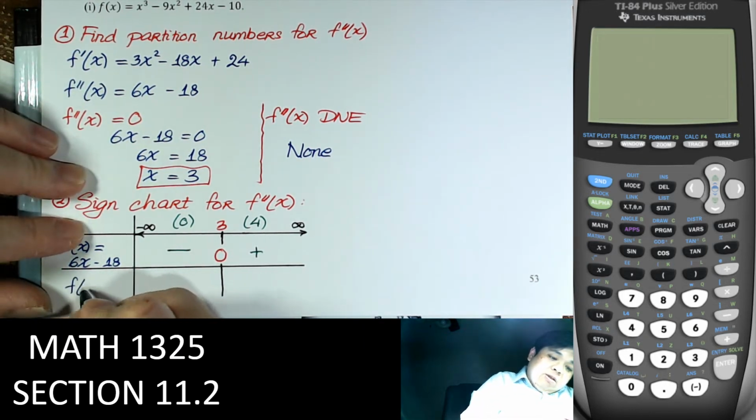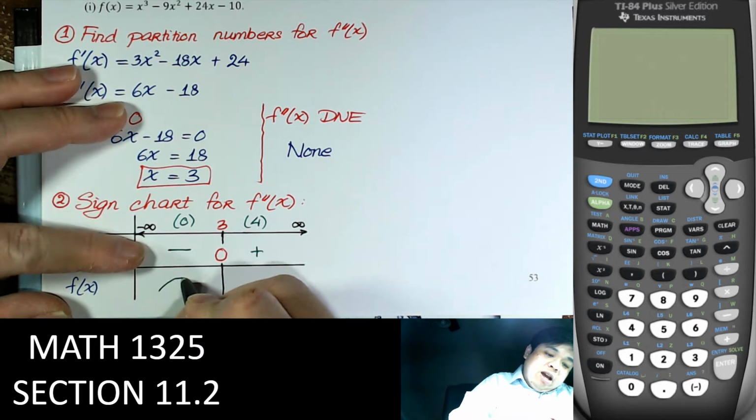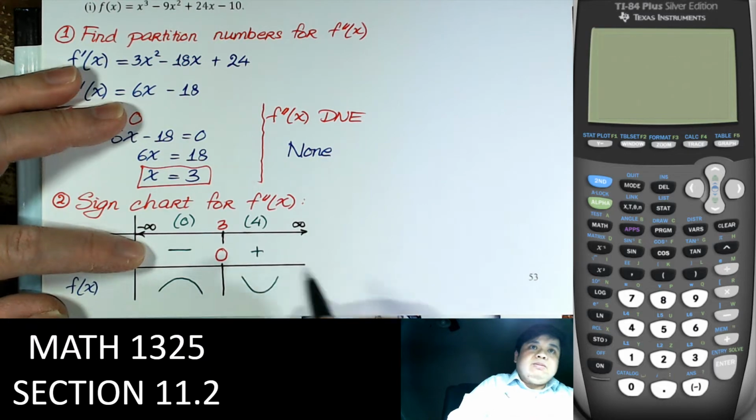We can say that where the second derivative is negative the function is concave down, and where it is positive it is concave up.